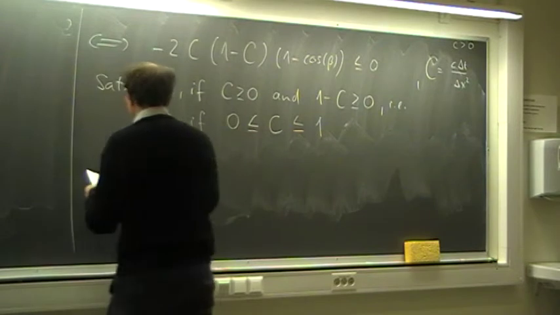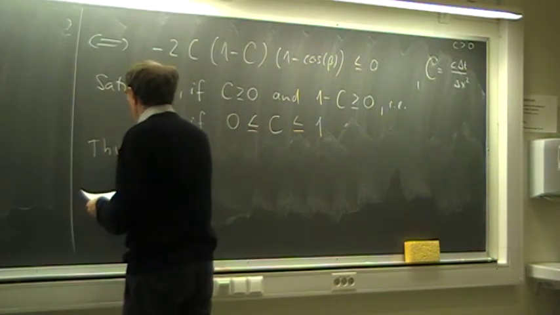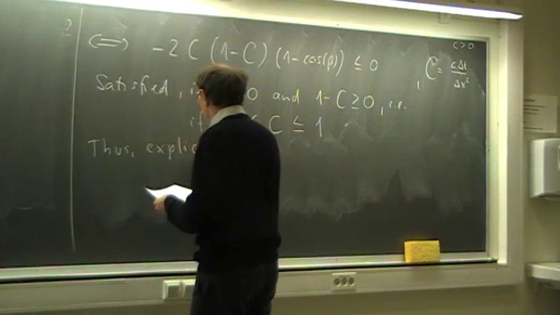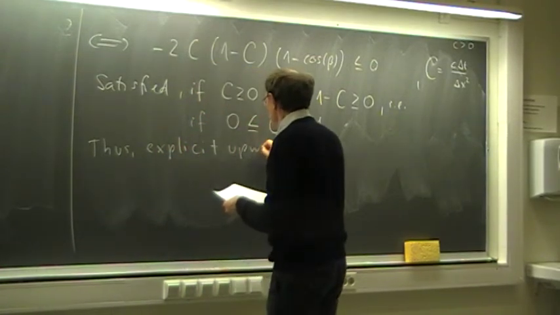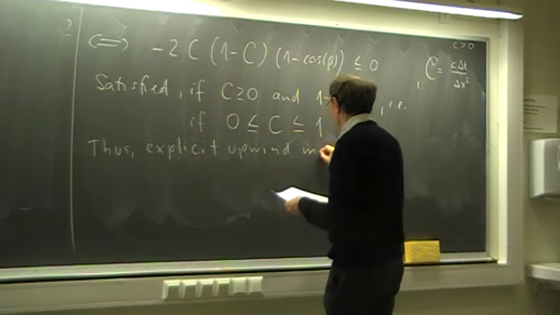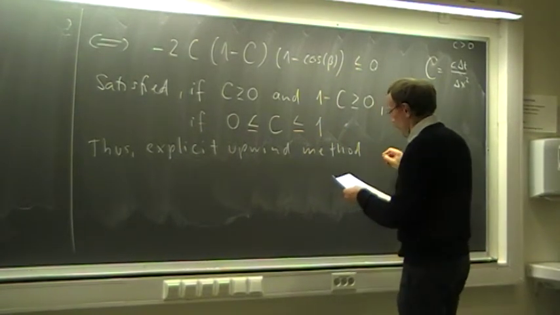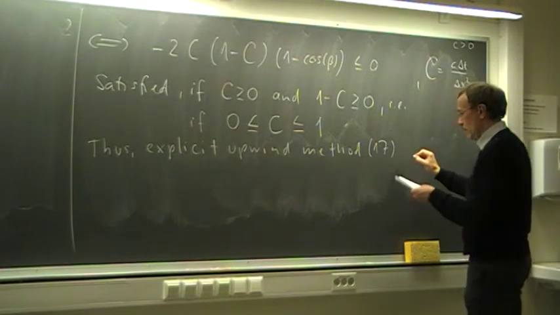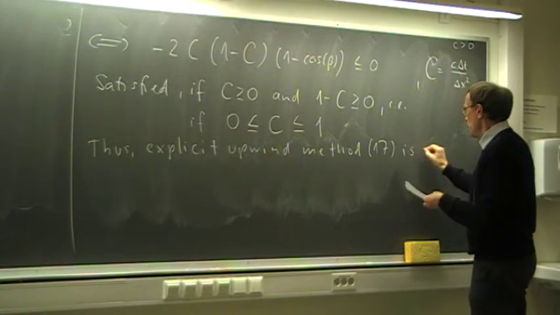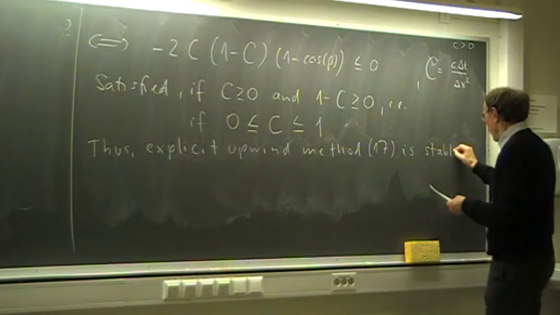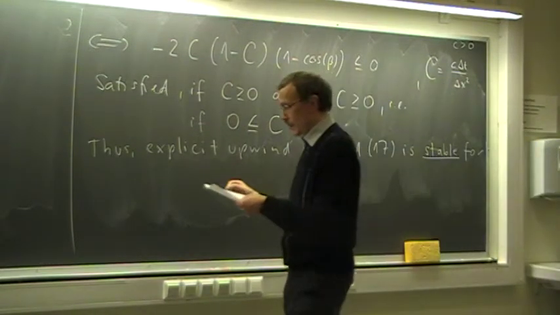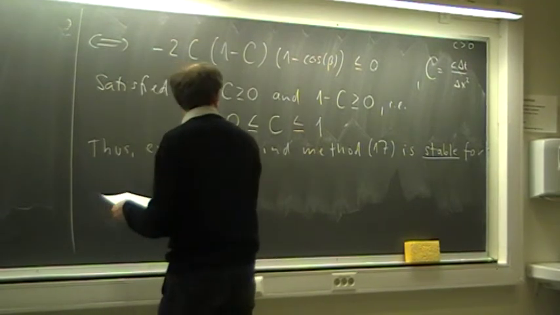So the conclusion is that the explicit upwind method is stable for what we call the CFL condition.